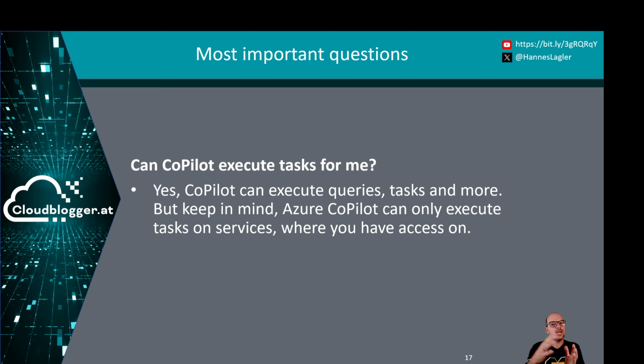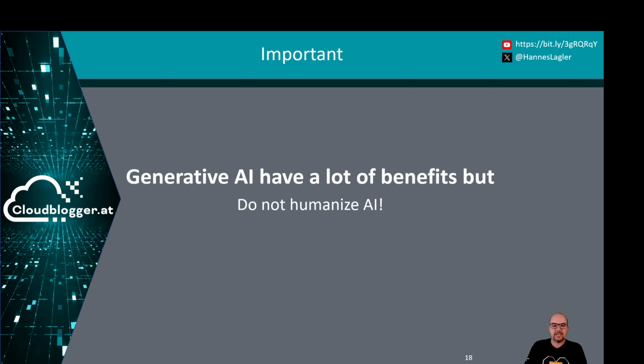So if you have a huge environment and only have access to a small piece of it, you only get responses from exactly where you have access. And for execution, Azure Copilot can execute the task for you, but only on services where you have access.